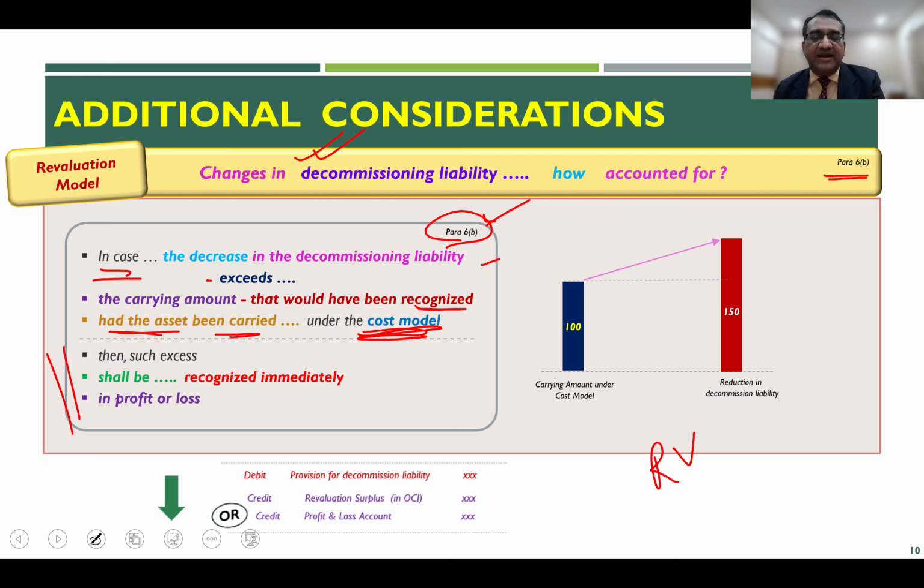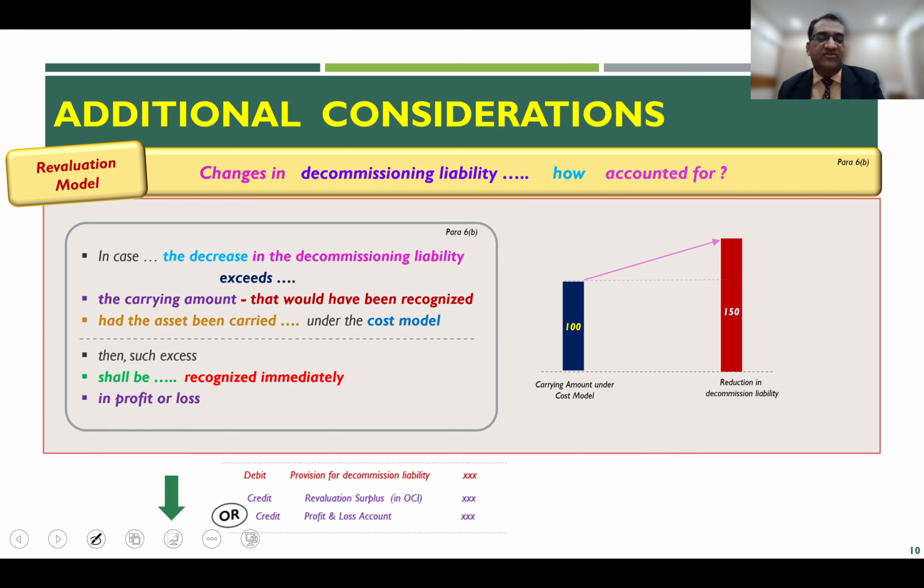So the decrease in liability, let us say, is 150, whereas the carrying amount would have been 100 if the cost model had been applied. Then the excess of this 50 rupees is recognized immediately in the profit and loss account. And this is exactly what is demonstrated in the chart alongside. So the carrying amount of 100 under the cost model, you need to compare against the reduction in liability.